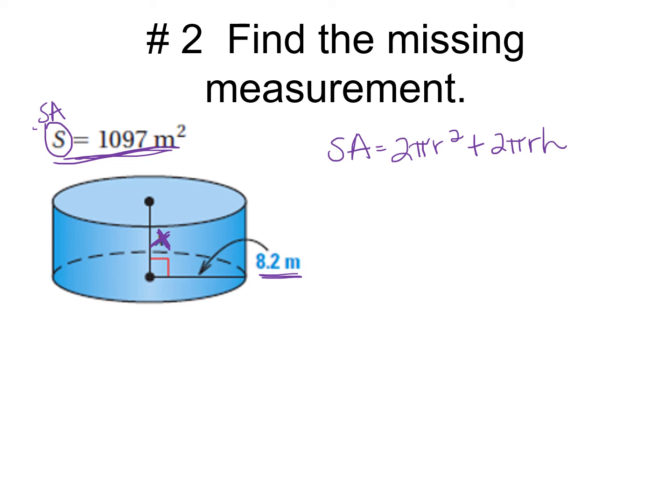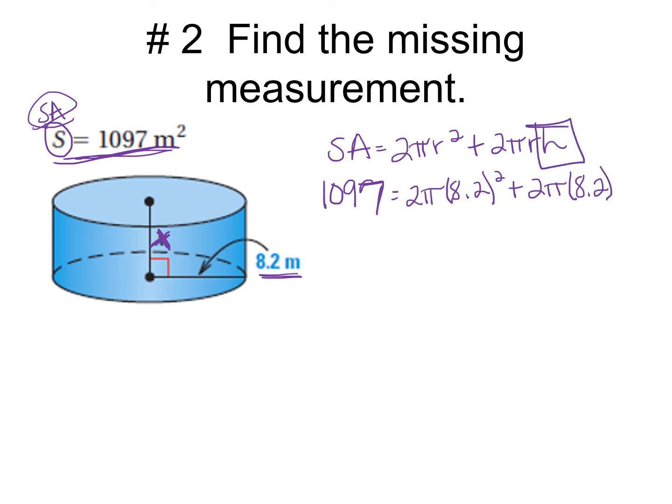I know that the SA, or the surface area, is 1097, so I'm going to put 1097 in for the surface area. 2 pi stays as is. We know that the radius is going to be 8.2 because that's what it shows us, 8.2 squared, plus 2 pi. The radius is 8.2, and the height, this little h, is what we're trying to find, so I'm going to leave that as an x.